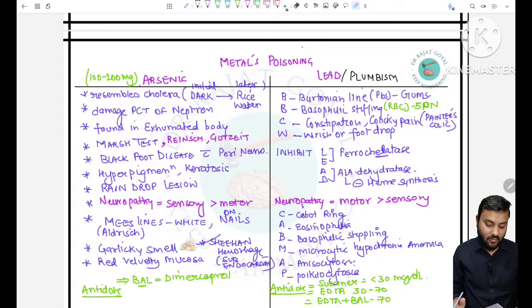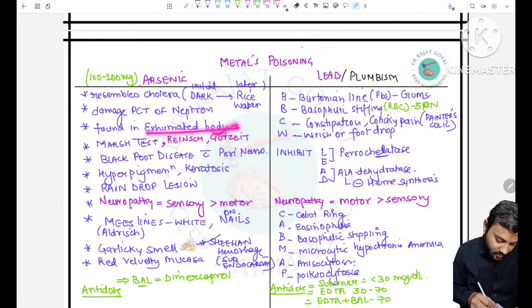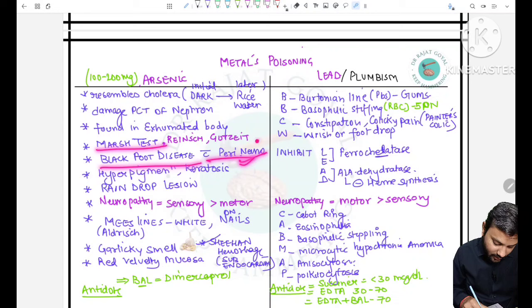So if the person is dead for a hundred or a thousand years, and we exhume the body or dig it out, then we can see the traces of arsenic poisoning in that also, and it will lead to the Blackfoot disease with peripheral neuropathy.